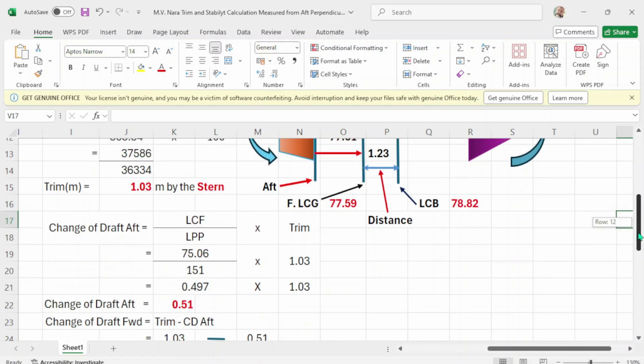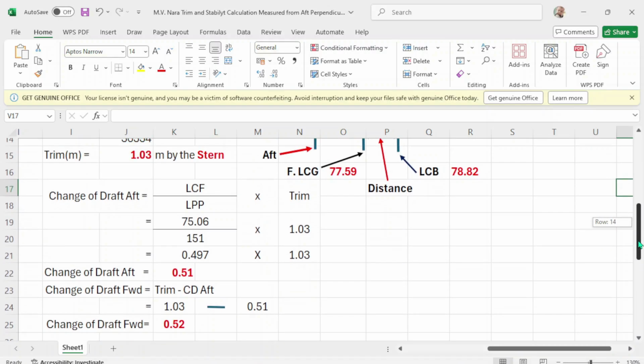Once we already have the change of drop up, then we will find the change of drop forward. The formula is trim minus your change of drop up will be your change of drop forward. So take your trim of 1.03 minus your change of drop up, which is 0.51, then your change of drop forward will be 0.52.